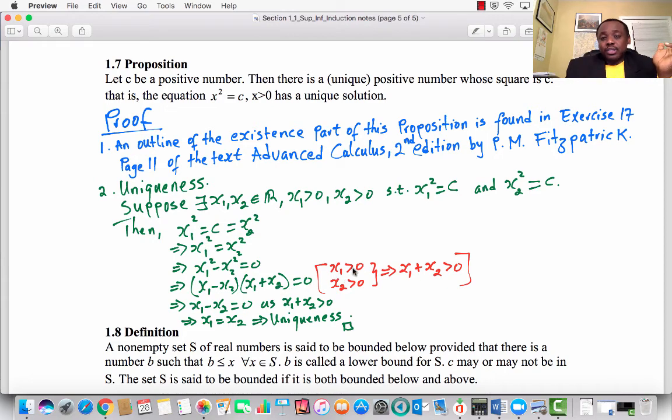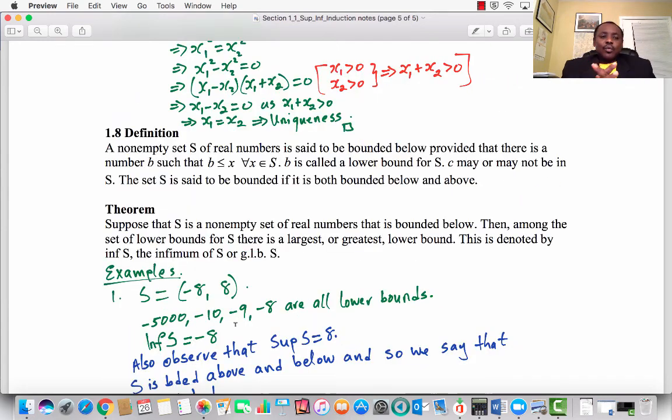Now x1 is positive, x2 is positive, and the sum of two positive numbers is positive. Therefore, x1 minus x2 must equal 0. And that simply implies that x1 equals x2, and therefore uniqueness is proved.